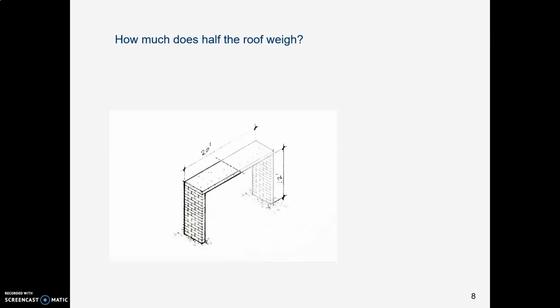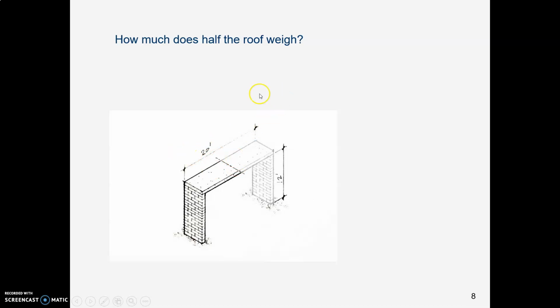And let's think about what is happening on that brick wall. We have this concrete roof sitting on top. Half of that roof is supported by one wall. Half of the roof is supported by the other wall. So we should think about how much does half the roof weigh?